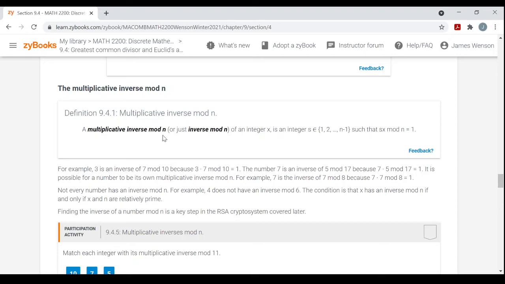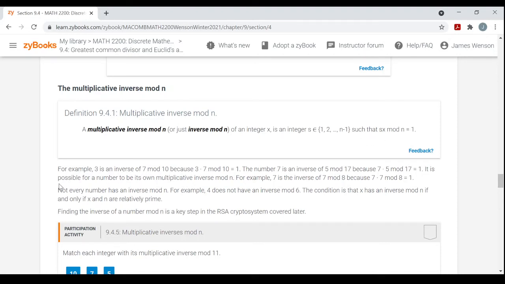Remember, when you're doing mod n, you're talking about the numbers from 0 to n minus 1. Well, 0 cannot be an inverse because you can't multiply anything by 0 and get 1. All right, so it's one of these other ones, 1 to n minus 1, such that if you multiply x by s, and then do mod n, you get a remainder of 1, mod n, you get 1.